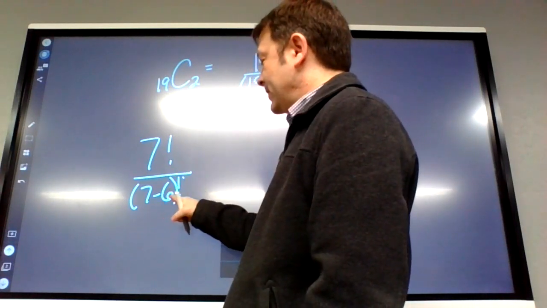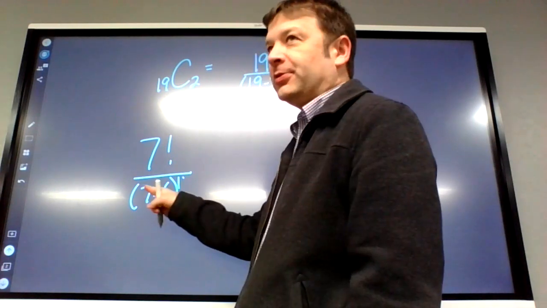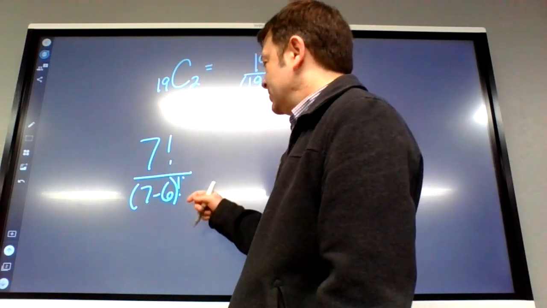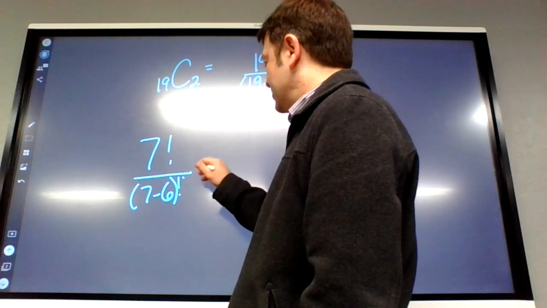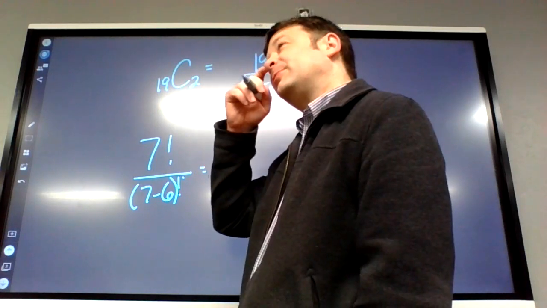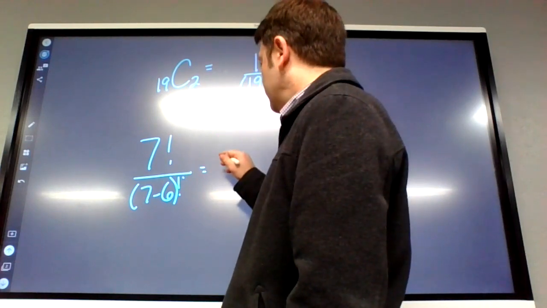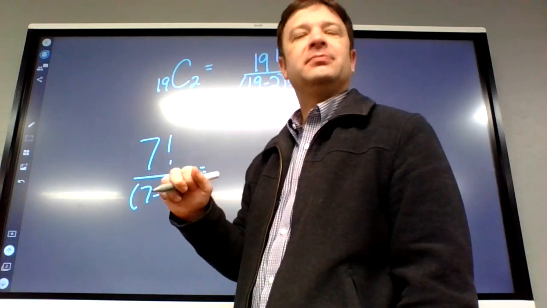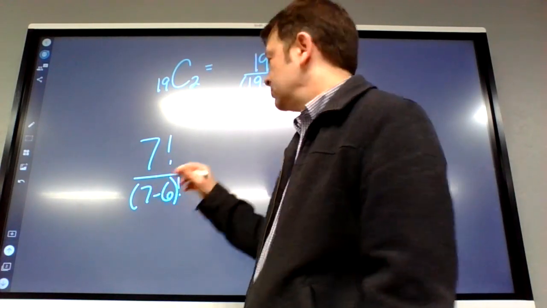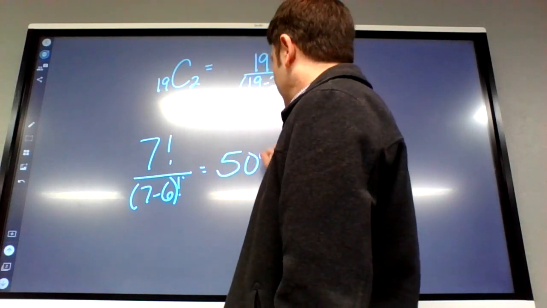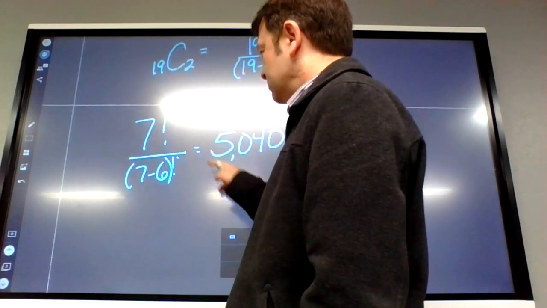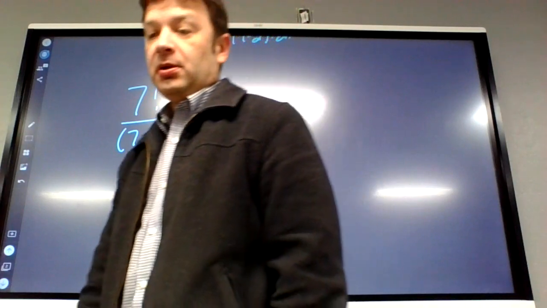Well, 7 minus 6 factorial is 1 factorial, which is 1. So it's just 7 factorial basically. It's a big number, I don't know what that is. 5040. Yeah, sounds familiar.